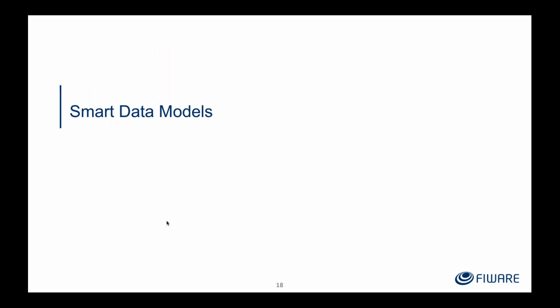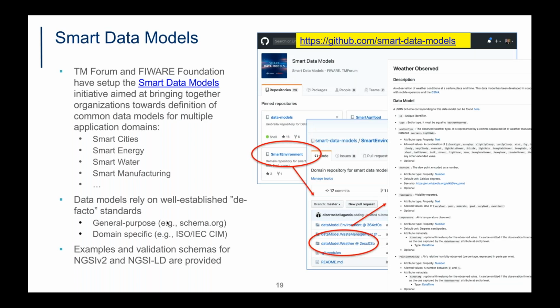The second aspect, which is somehow connected to roadmap activities, I will not spend too much time on, because there will be a dedicated webinar for this. It is the definition of the smart data models. The creation of the smart data models is an activity within the FIWARE community where we will spend significant effort.